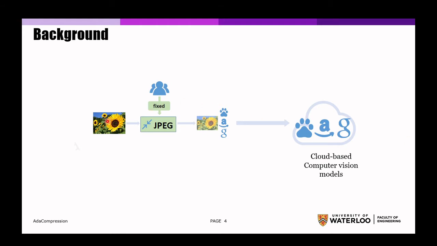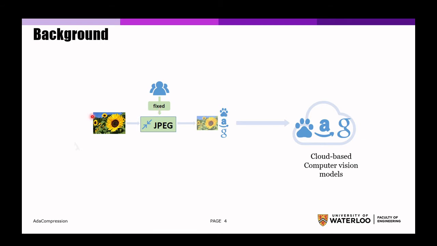As I mentioned before, the most known codec in the literature is the JPEG codec, which is of the lossy type, which adds some distortion to the input image. The conventional way of compression is to select a fixed JPEG configuration for the pipeline and generalize over all the input images.